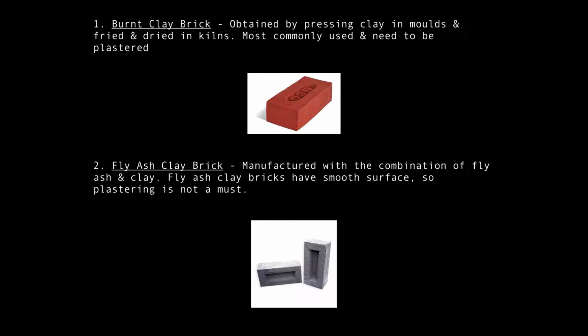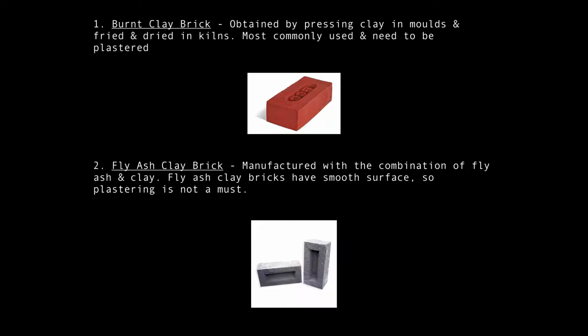They are generally smooth once manufactured, and so these could be plastered or not depending upon what kind of finish is required. These bricks are being used mostly in places where there's some powerhouse nearby, so that a lot of fly ash can be recovered.